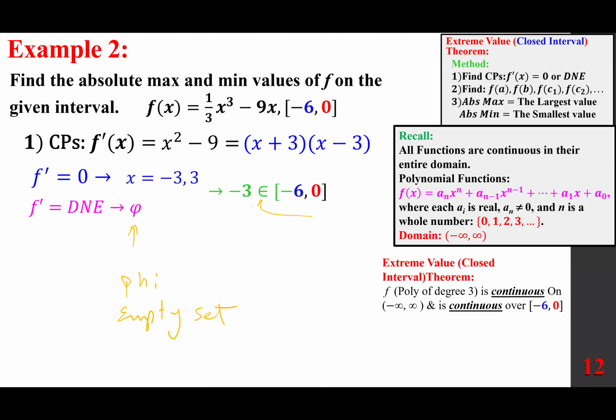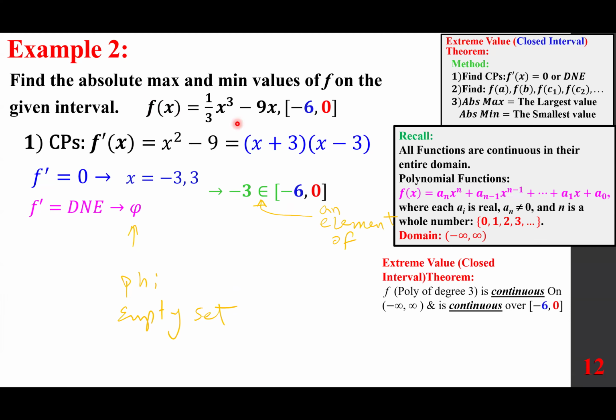This notation, which looks like an epsilon, is read as 'an element of.' That means negative 3 belongs to this set. Therefore, we will use it.